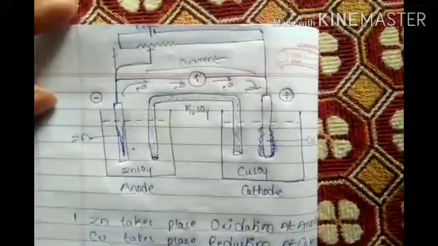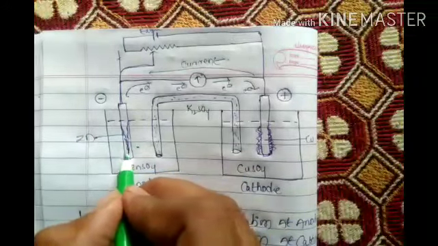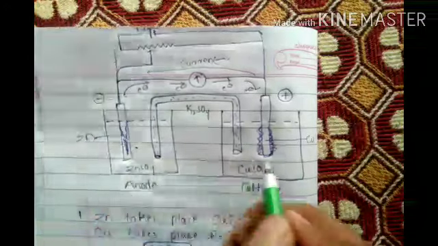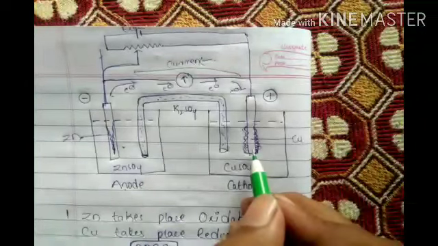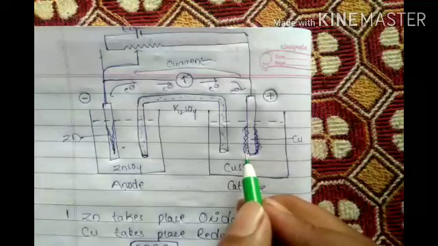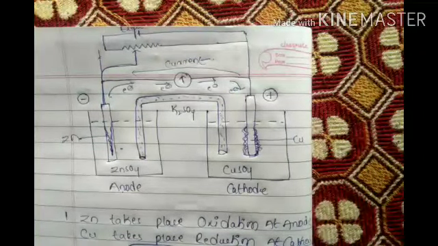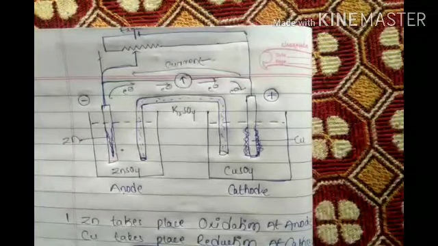Take fourth point. After some time, the zinc electrode decreases its weight and the copper electrode increases its weight.